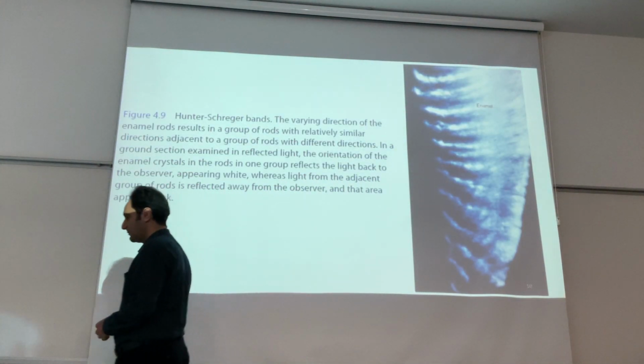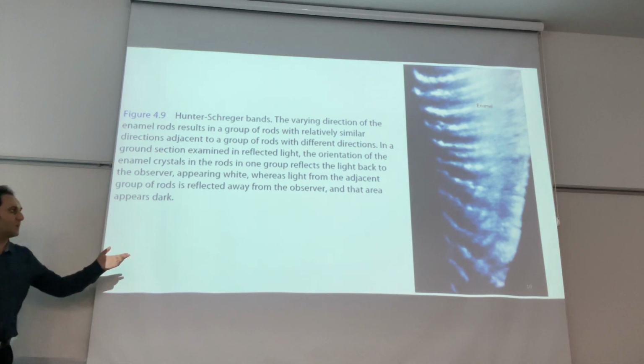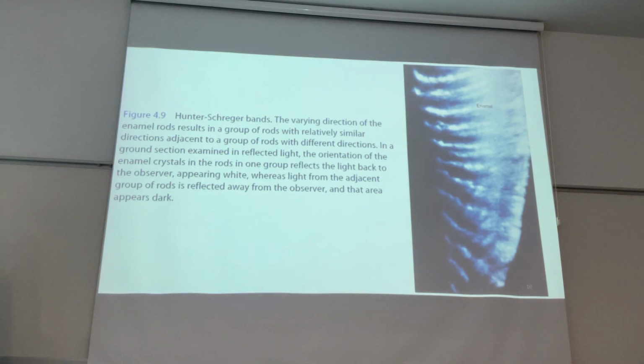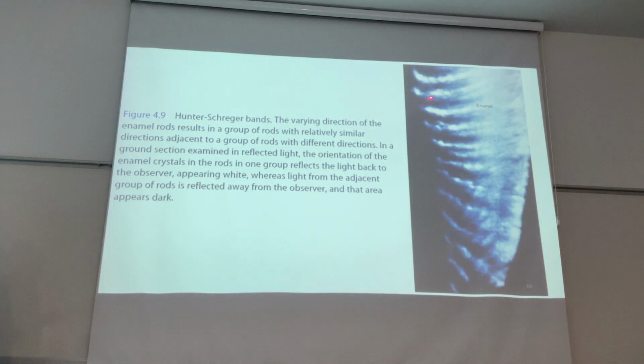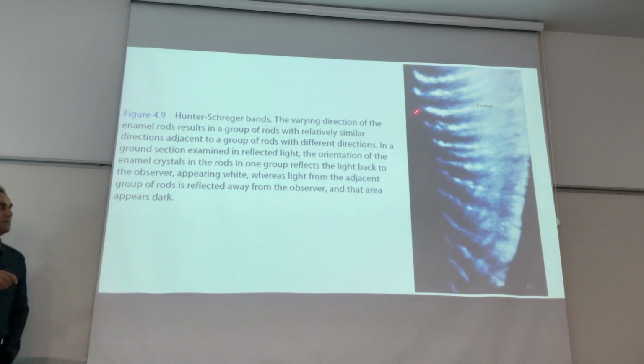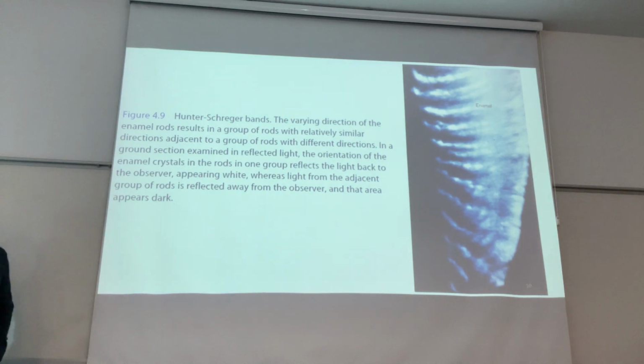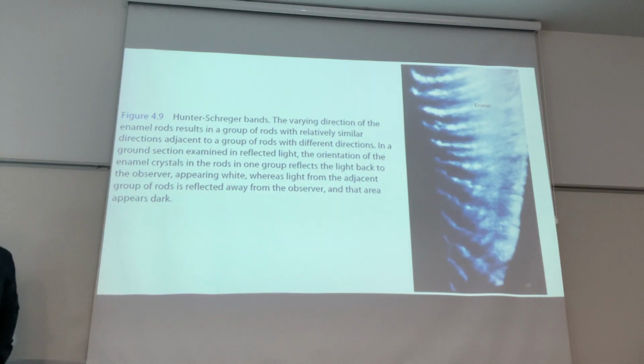Okay. If you look at the enamel under the light, you can see these dark and light areas. This appearance of enamel is known as the Hunter-Schreger bands. What are these bands and why can you see these bands under the light? This is because of the orientation of crystals.